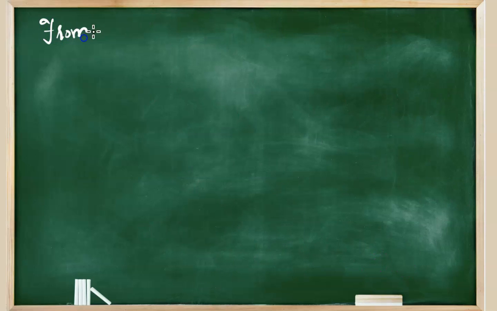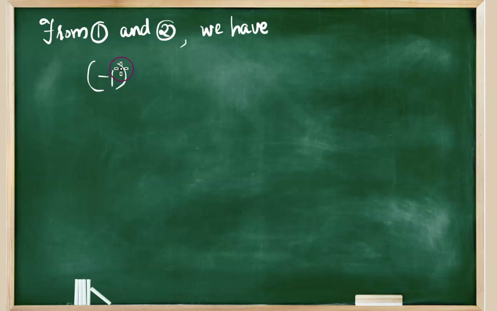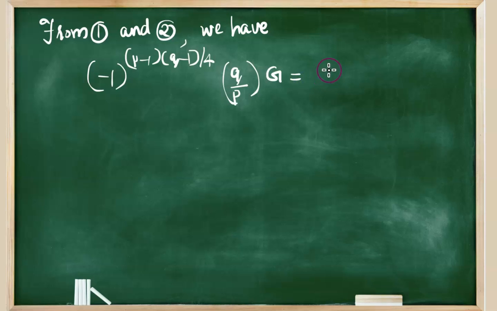From equations 1 and 2, we have (minus 1) raised to (p minus 1)(q minus 1) by 4 into Legendre symbol q by p into g is equal to Legendre symbol p by q into g. Here we can divide the two sides of this equation by g, since g is non-zero.